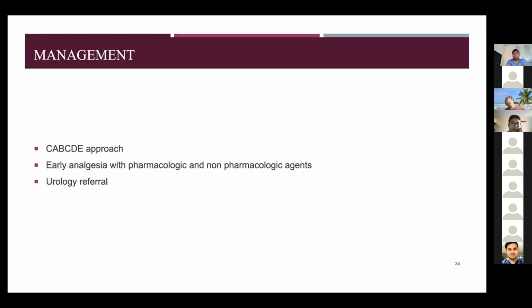Management-wise, a CABCD approach of trauma management should be followed, even though the patient is in a terrific amount of pain and discomfort. Early analgesia should be given with systemic analgesics or non-pharmacologic measures such as ice compression and scrotal support, as mentioned earlier. Urological referral and surgical management should always be done.